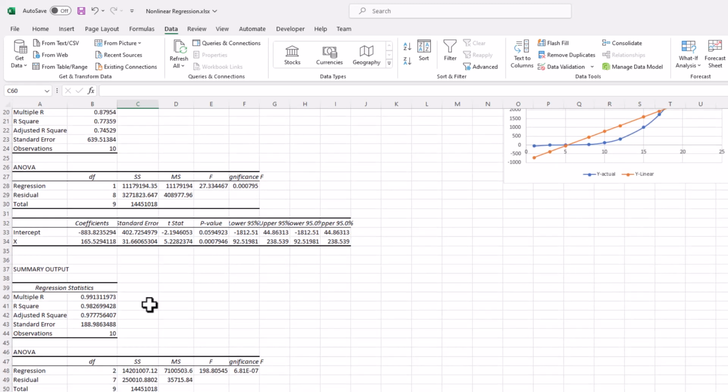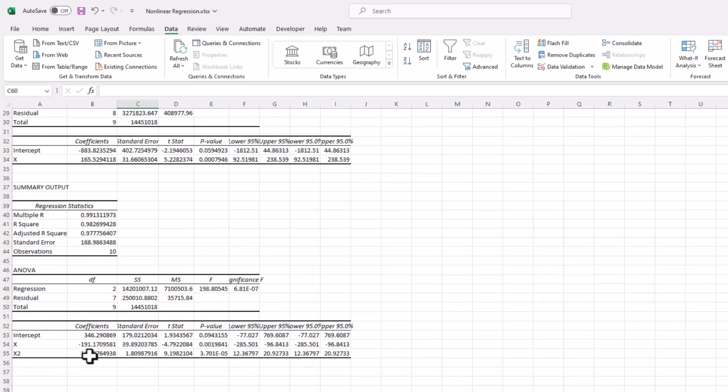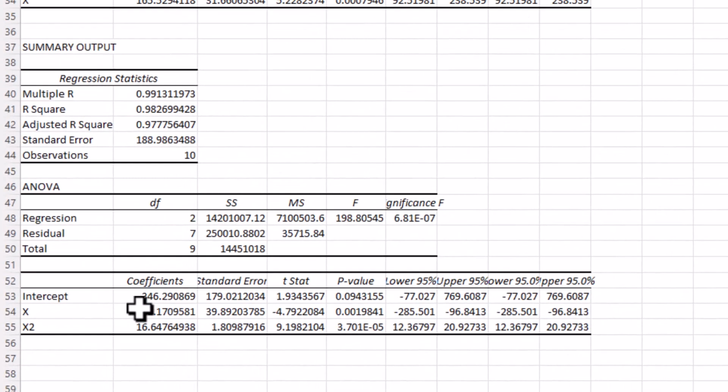And then of course we have our regression function equation, which is 346.29 as intercept plus minus 191.17 times x plus 16.64 times x squared. Next, we look at the p-values for the intercept, the x variable, and x squared.